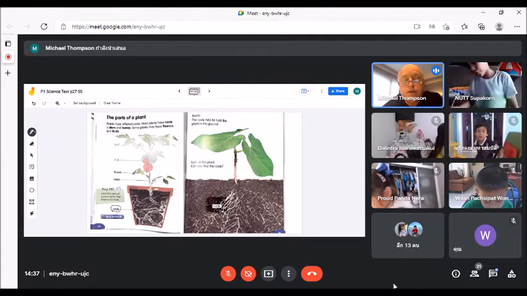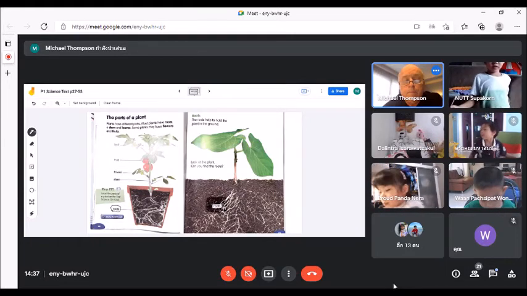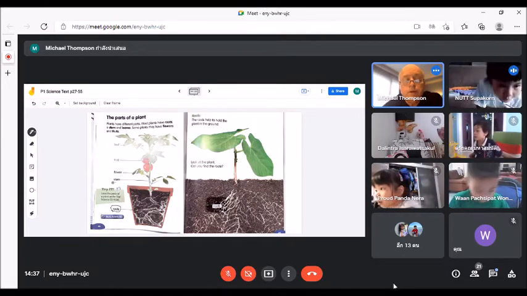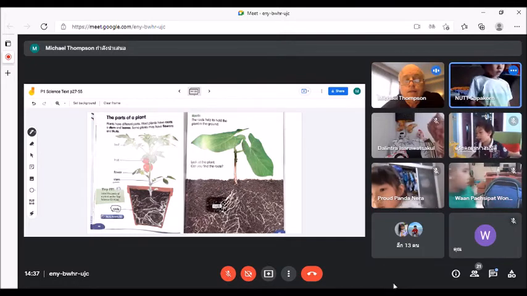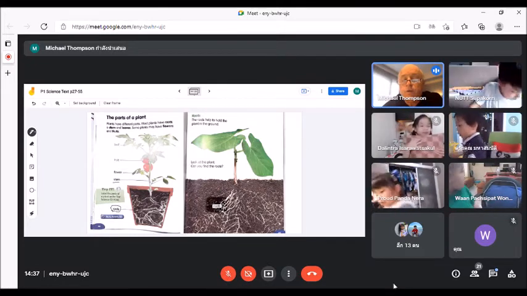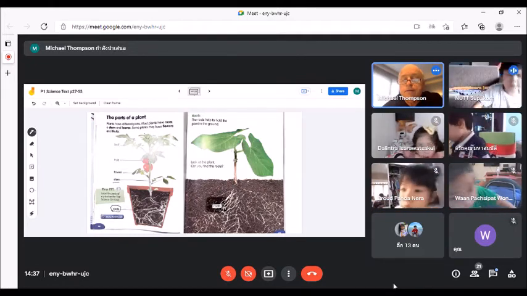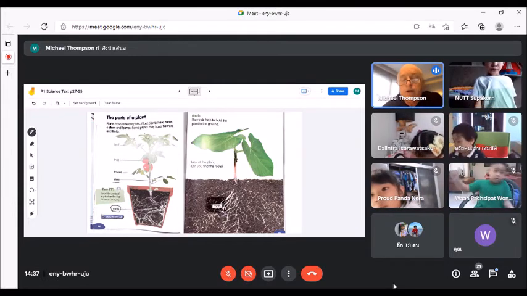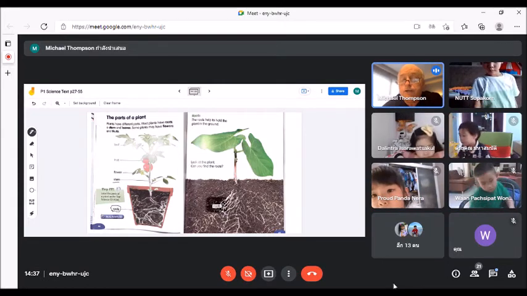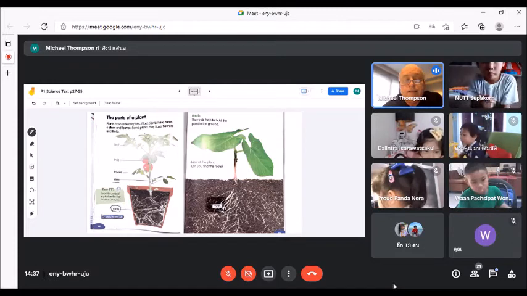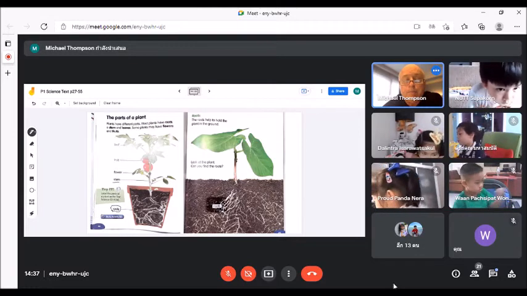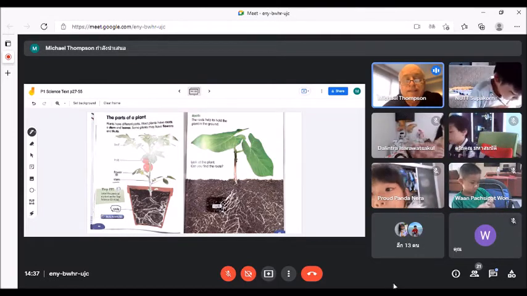This part is called a what? Stem. Yeah, it's a stem. On a tree, we would call this a tree trunk. On a plant, it's called a stem. All right, stem right here.